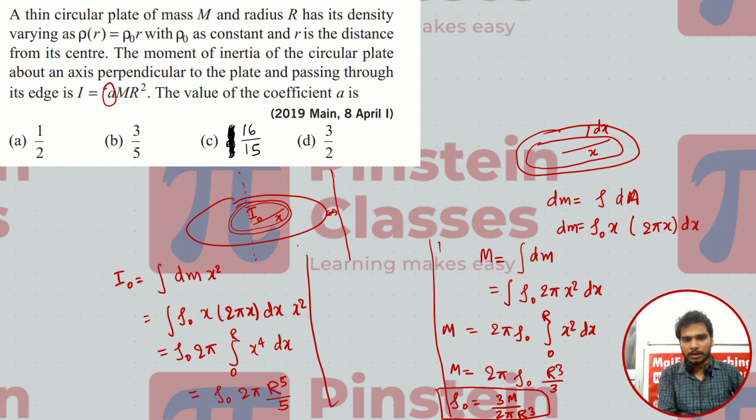Now I naught will be nothing but rho naught, we will plug the value of this rho naught, 3M upon 2 pi r cube times 2 pi r to the 5 upon 5. 2 pi and 2 pi will be cancelled out, r cube and r to the 5 will be cancelled out, it remains r square.